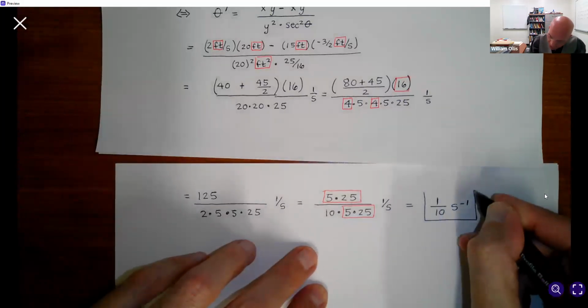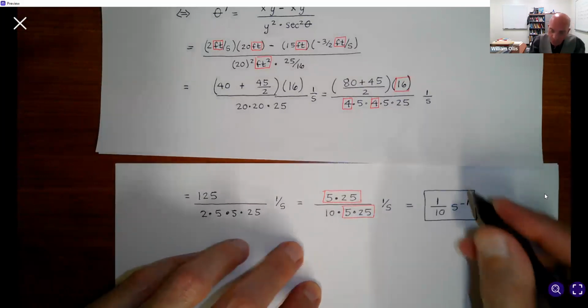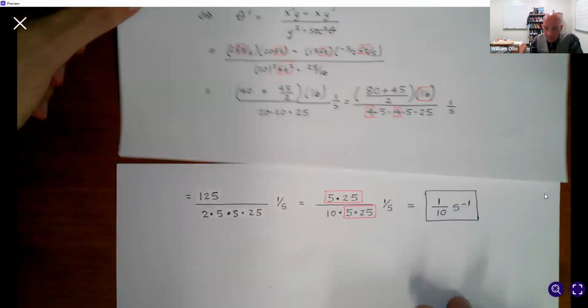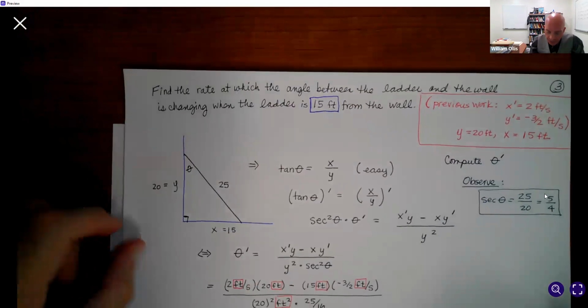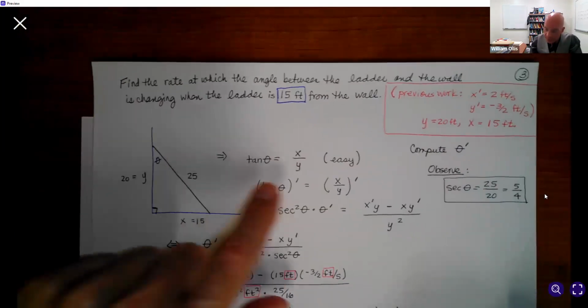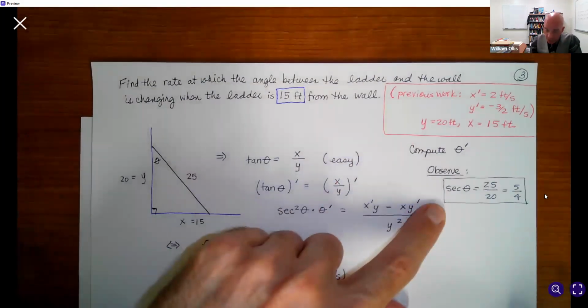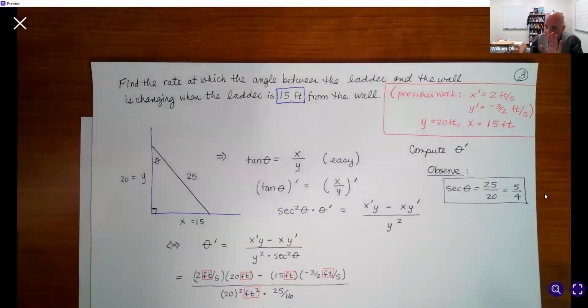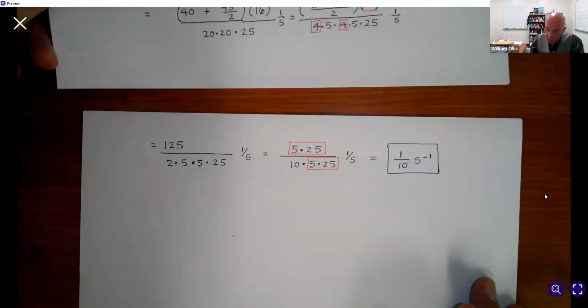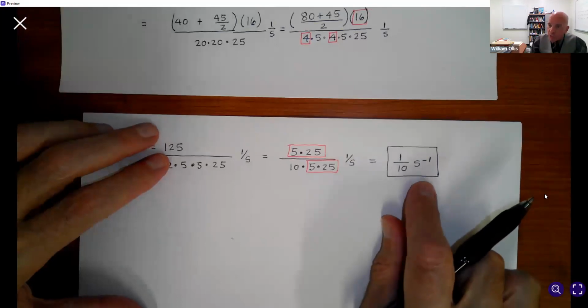So the snapshot says that the angle between the ladder and the wall at these given conditions, that snapshot, the instantaneous rate of change is 1/10 radian per second.